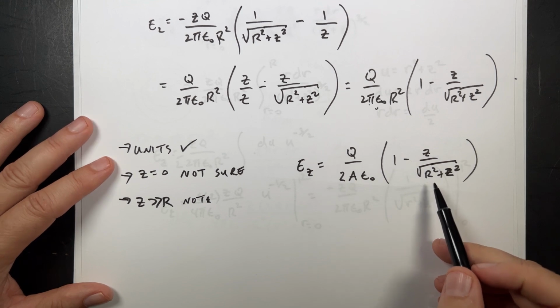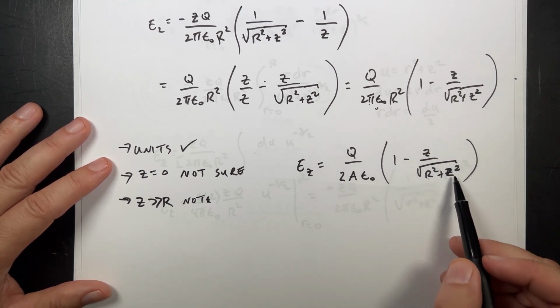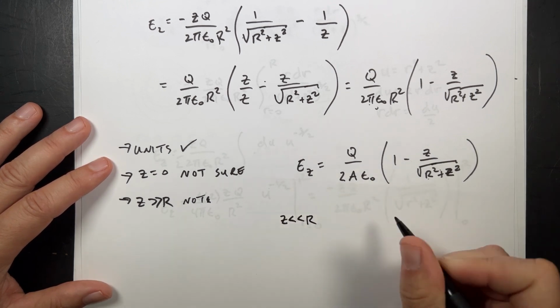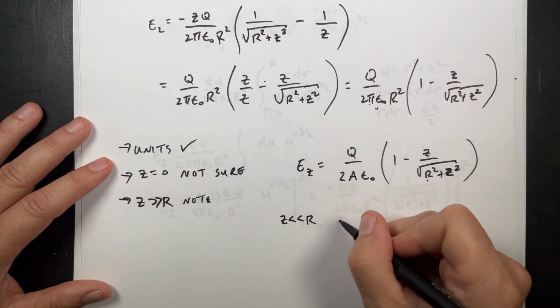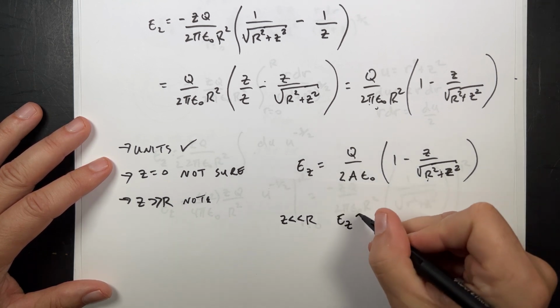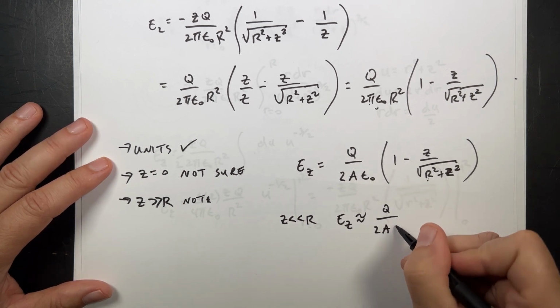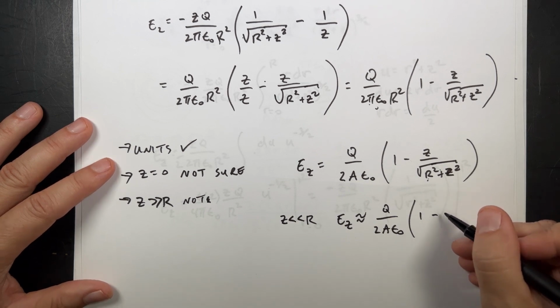Now, if you're very, very close to the plate, if r squared is greater, then I can write this. So if z is much less than r, this is close, then this is just going to be r squared on the bottom. So I get E_z is approximately equal to Q over 2A epsilon naught times 1 minus z over r.